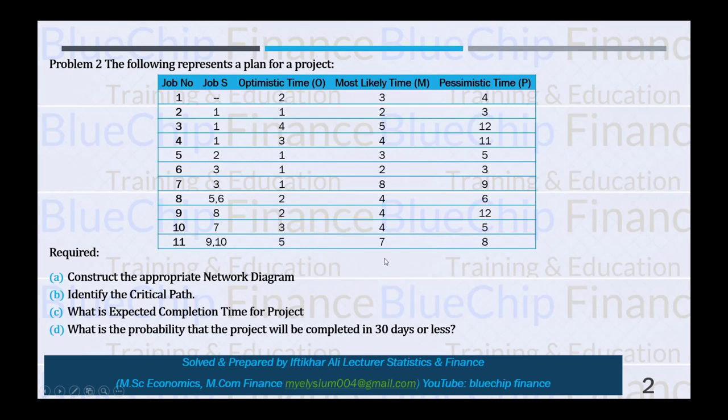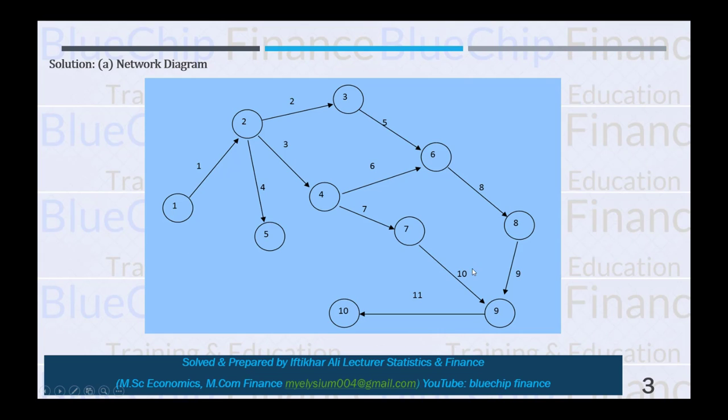Because where the 9th and 10th jobs are ending, from there the 11th job is starting. So the 9th and 10th jobs both are ending at node 9, and from here the 11th job is starting. So your starting node is 1 and your ending node is 10.